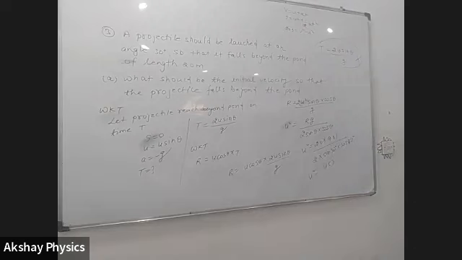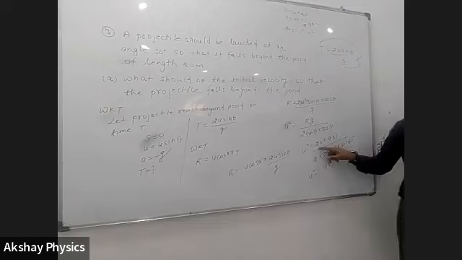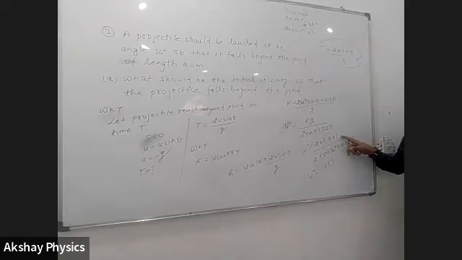Use the calculator again: 20 multiplied by 9.81 divided by 2 multiplied by sin 30 degree multiplied by cos 30 degree.